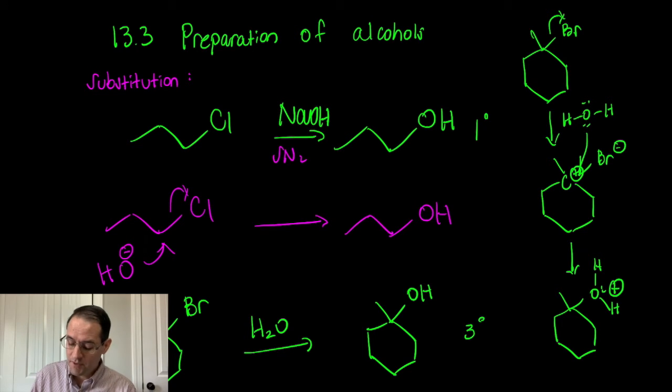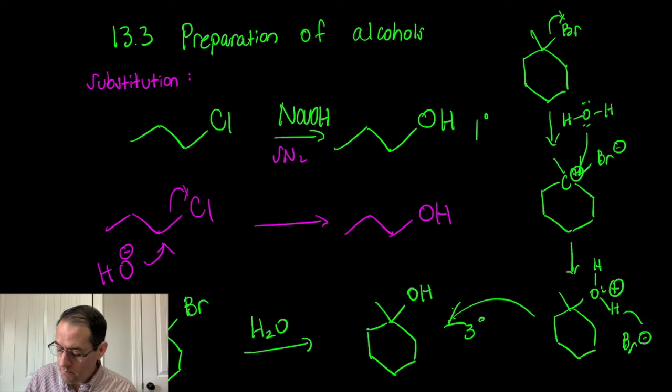In the last step, to get the product, you need to deprotonate that oxonium ion using maybe bromide, maybe water if it's in large excess. I'll use bromide, okay, and that's an acid-base reaction.